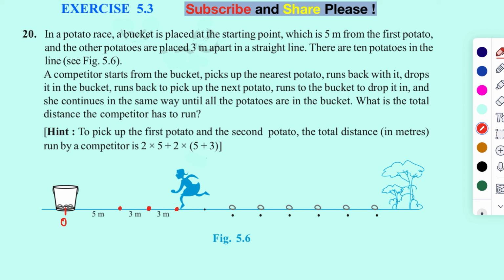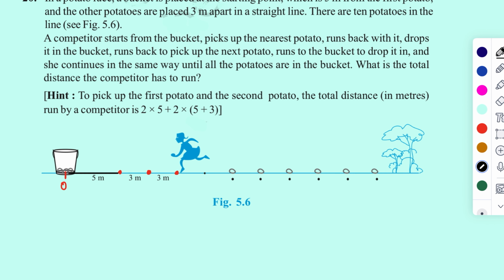So to pick up the first potato and to put it in the bucket, he or she will cover 10 meter distance, 5 meter to pick it up, and again 5 meter to put it in the bucket. So for the first potato, he or she will cover 10 meter.